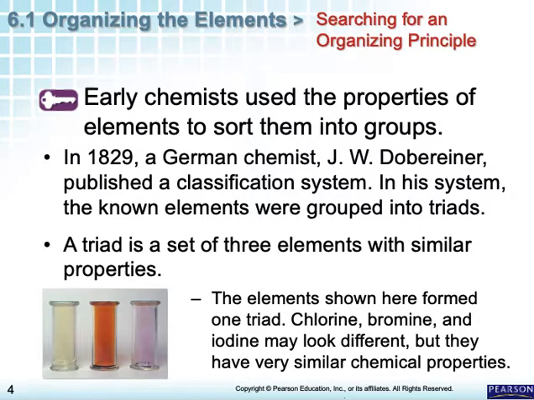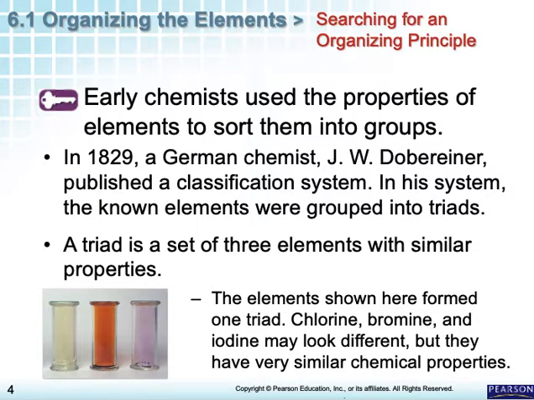And in 1829, no, you don't need to know that date, chemist Dobereiner published a classification system for the known elements at the time, and he grouped them into triads, or groups of 3. And these 3 elements would have similar properties. For one triad, chlorine, bromine, and iodine, they did look different.